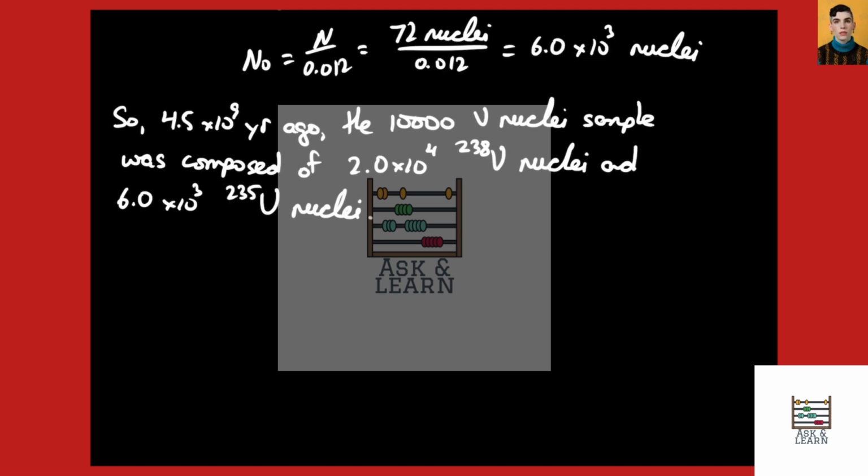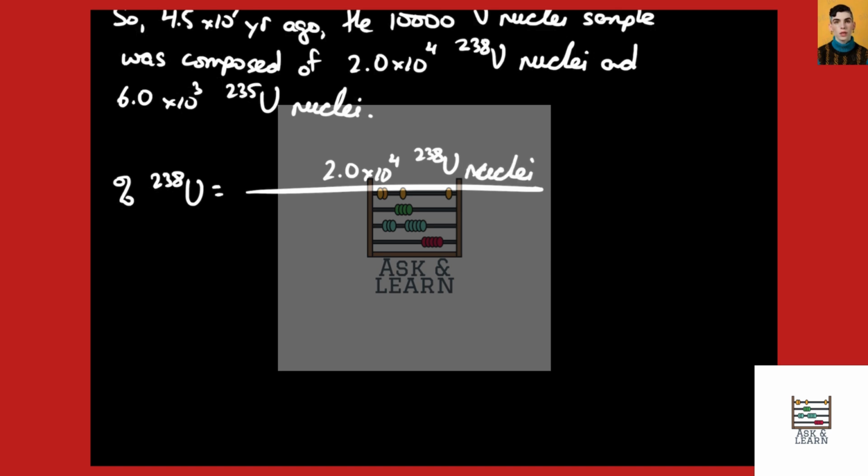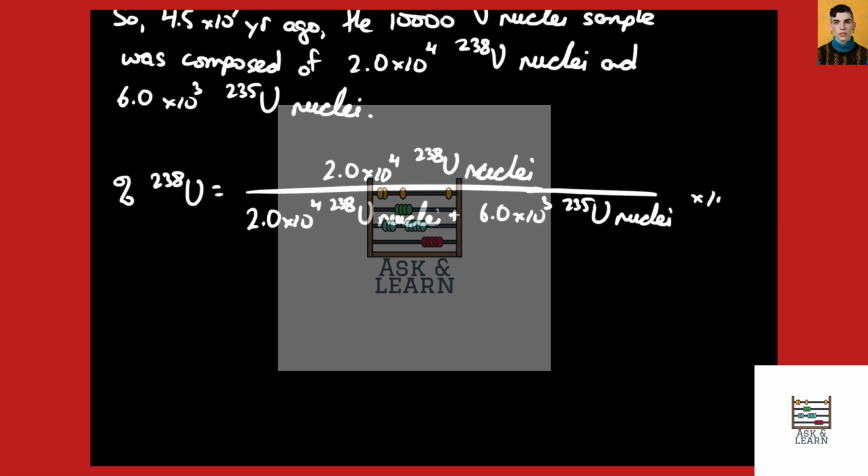So let's determine our percent composition. Our percent of uranium-238 would be equal to 2.0 times 10 to the 4 uranium-238 nuclei over 2.0 times 10 to the 4 uranium-238 nuclei plus 6.0 times 10 to the 3 uranium-235 nuclei, times 100%.